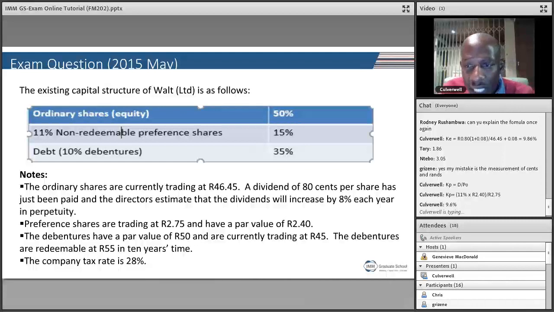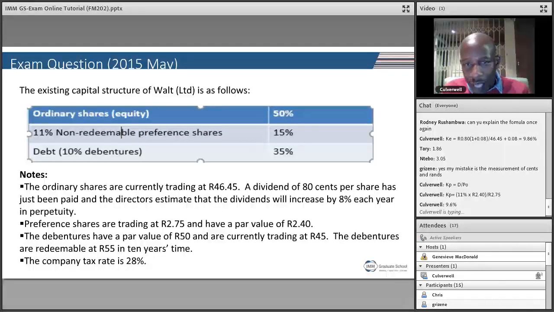And they also made an indication about PMT. That's where the tricky is. We're calculating cost of debt. So your PMT, you would calculate it by saying, what is the percentage of interest? It's 10%. Multiply by, what is the par value of this debt? It is 50 Rand. Which will give you an amount, then you need to go and adjust that amount to tax.